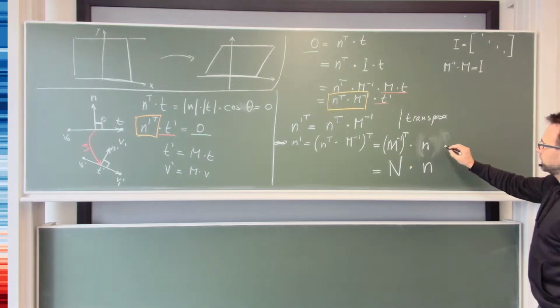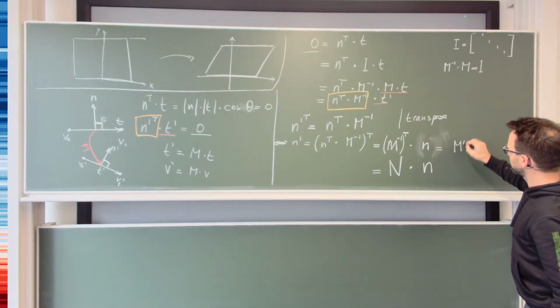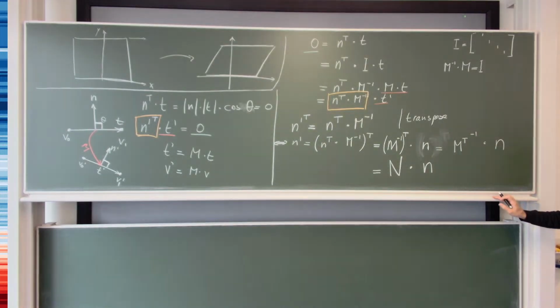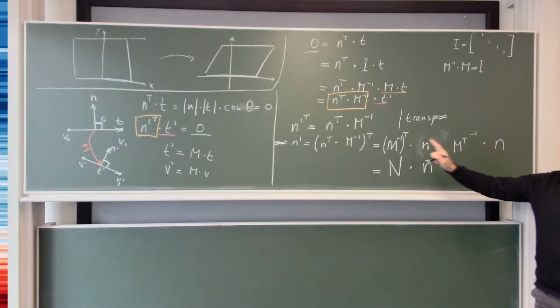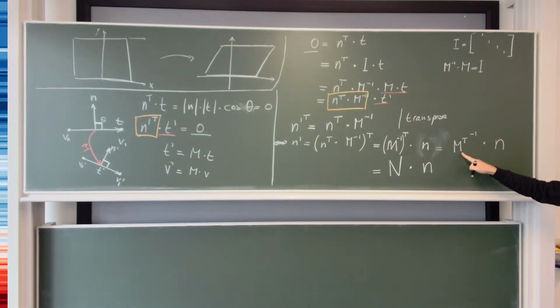And since we're talking about affine transformations, this is the same as the inverse of the transpose, but that does not help us that much. Why does this notation help us more than this one?